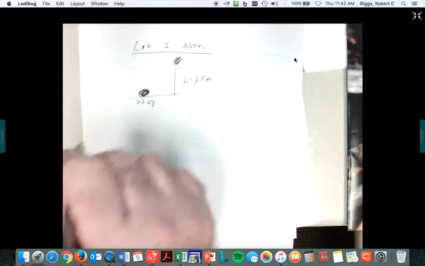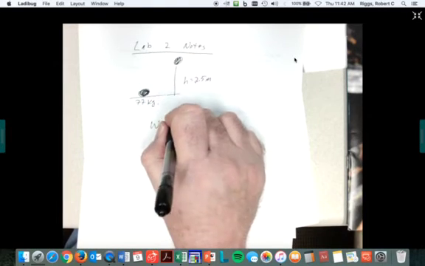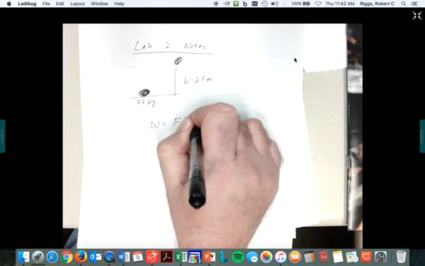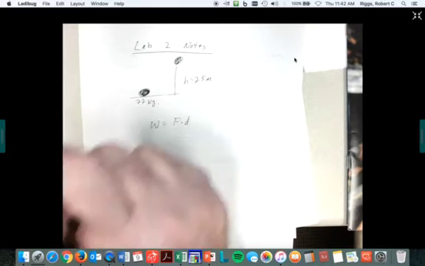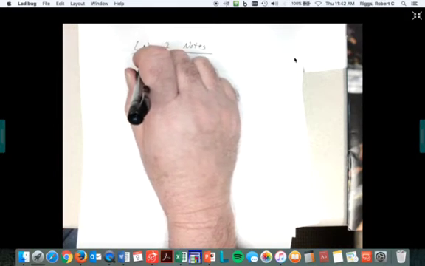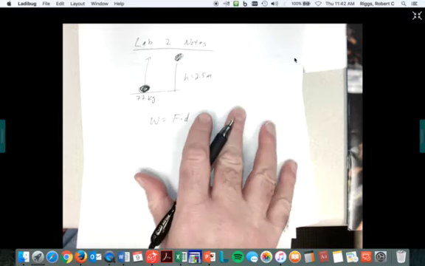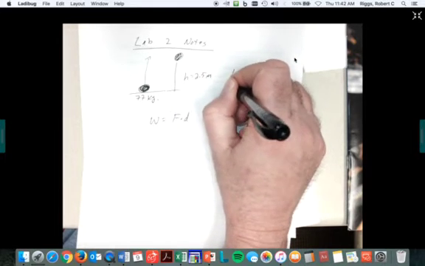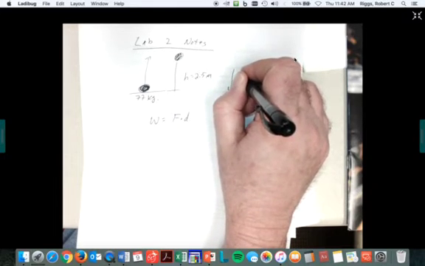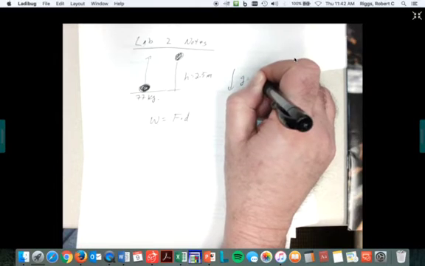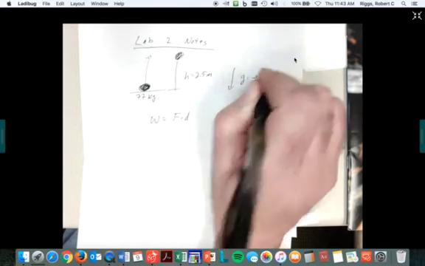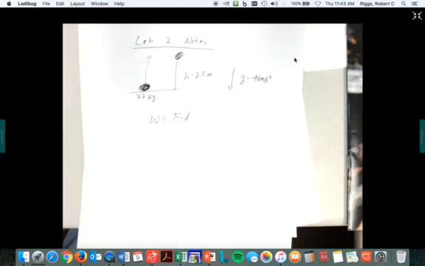The work done is equal to the force times the distance. Well, how much force is required to lift this? First of all, we've got to overcome gravity, which is accelerating downward. Gravity is equal to negative 9.8 meters per second squared, which we looked at in the first lab. We know that's the acceleration due to gravity. This is what we have to overcome.